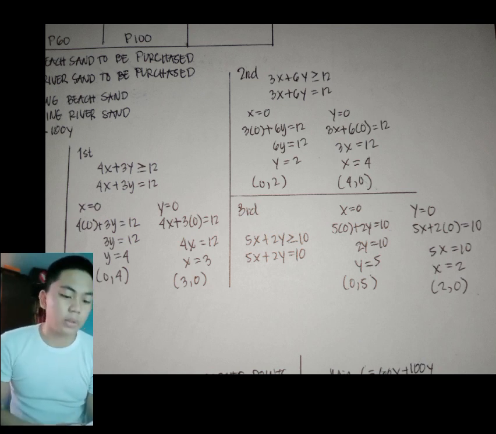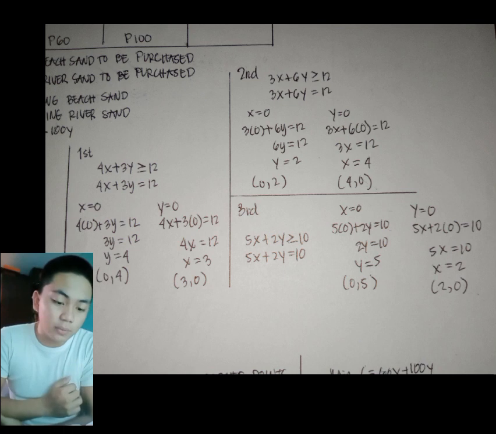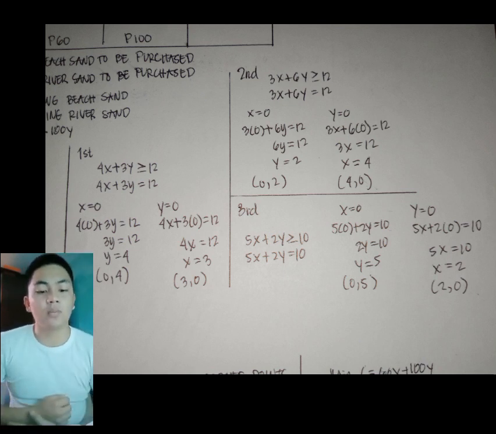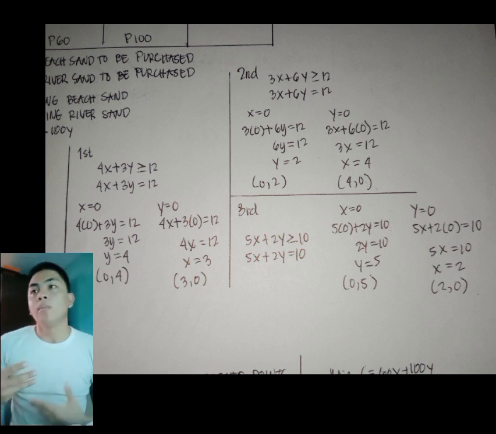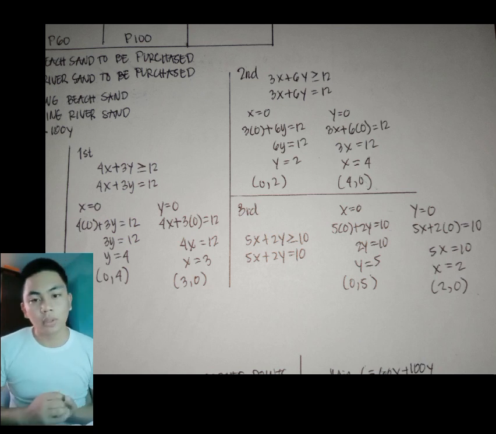For example, number 1, to get the x value, 4x plus 3y equals 12. So the 3y will be 3 times 0. When you multiply a number by 0, the answer will always be 0.